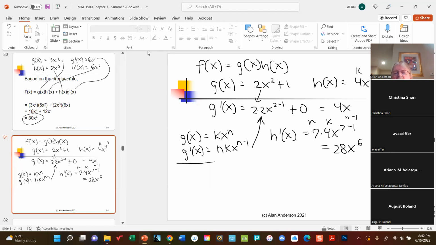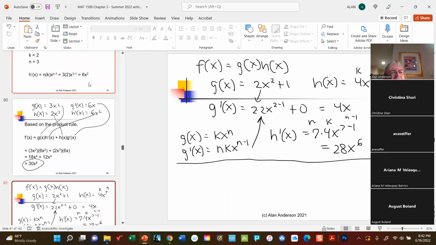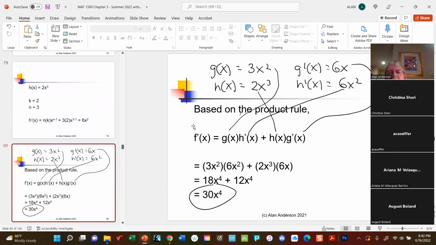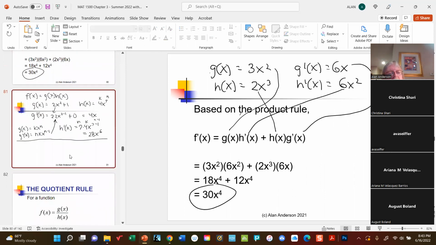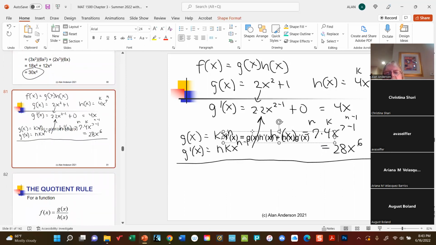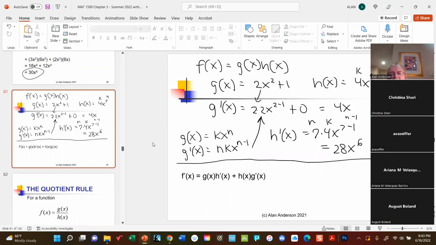So we know how this works. So now you just plug everything in. So 2x squared plus 1. Actually, I'm going to run out of space here. Let me move this.